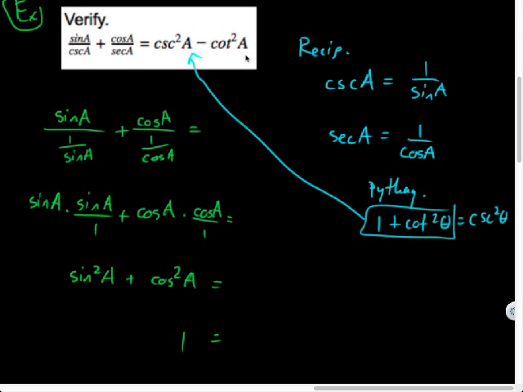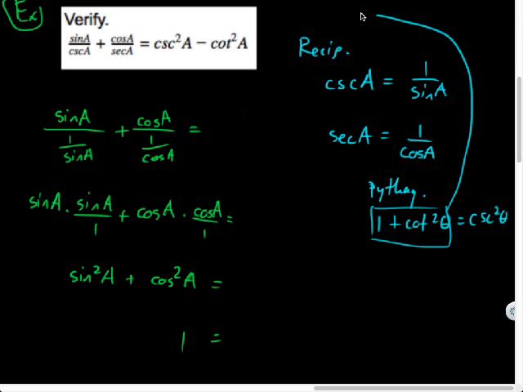In that case, the cotangents would cancel out. Yeah, let's do that. More than one way to do this. 1 plus cotangent squared A minus cotangent squared A. I've just replaced that whole thing. And notice that the cotangent squared A's cancel out. And then 1 equals 1. Verified, friends.